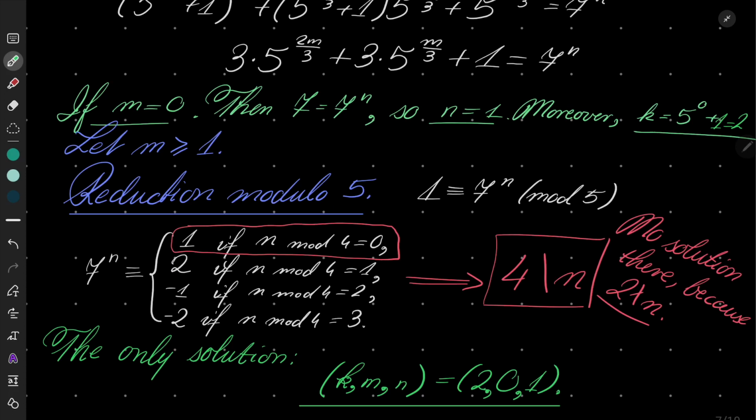Okay, and that is our answer. Our Diophantine equation has only one triple of solutions, 2, 0, 1.